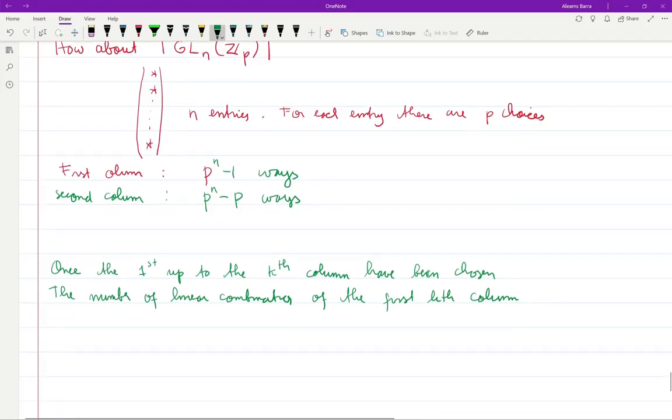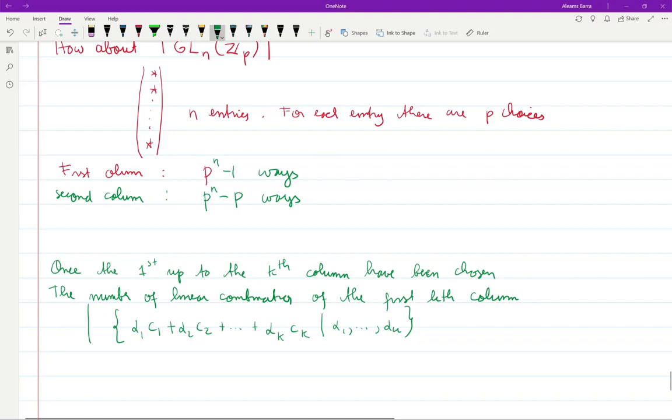What is a linear combination of the first k columns? It is any expression of the form lambda 1 times the first column plus lambda 2 times the second column and so on up to lambda k times Ck. We want to count the cardinality of this.